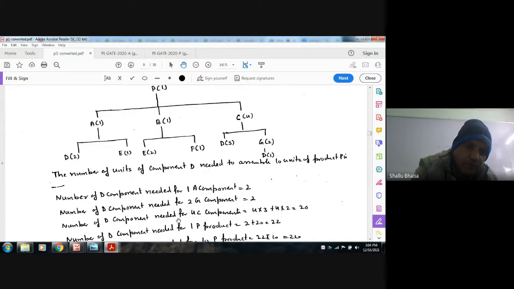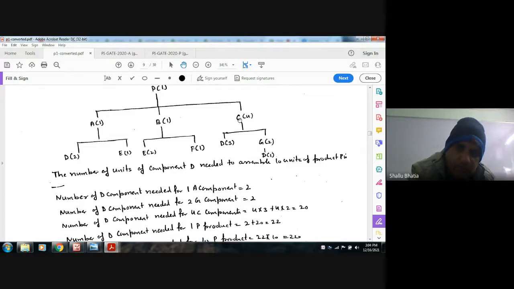Number of D components needed for four C components. Four C components is 4 into 3. 3 D components will be from here and 2 from here. Sorry, here it should be 1. And C needs 2 G components, G needs 1 D component. So it should be 4 into 2.